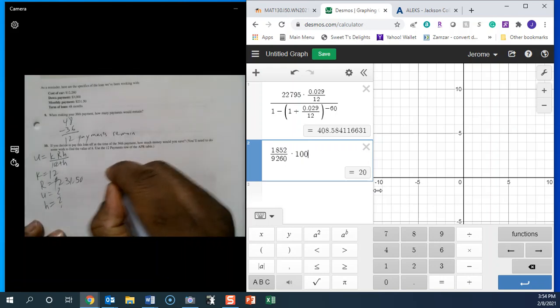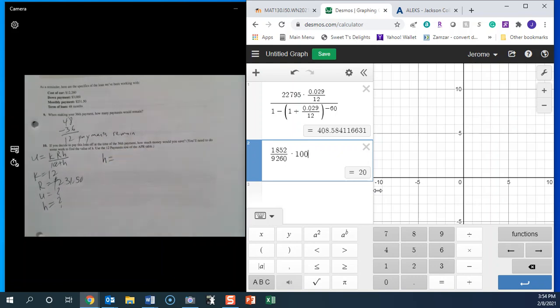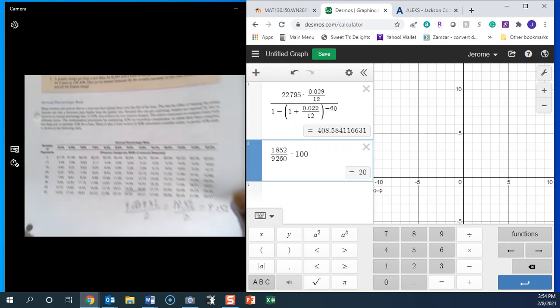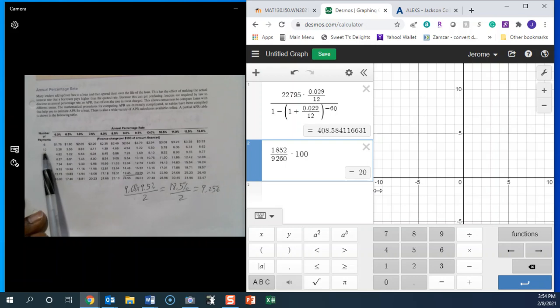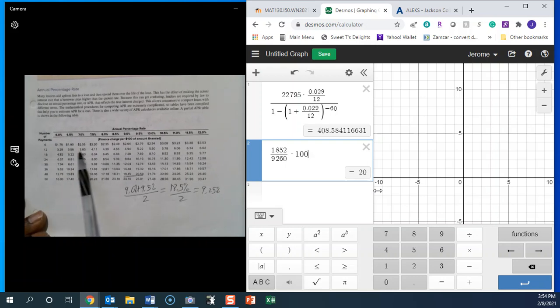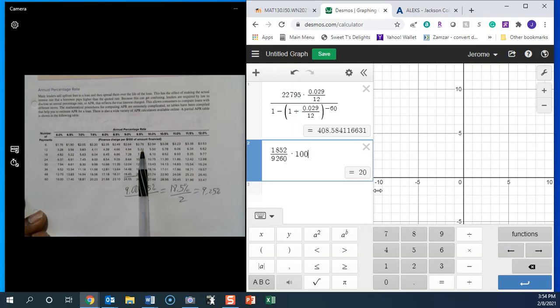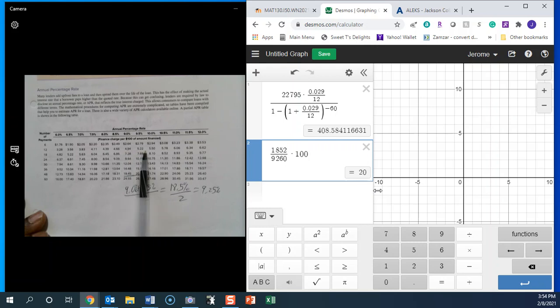So this is what we would need to do in order to get H. We go back to this table, and we will go up to the 12 months, and then we will go over here to the 9% and 9.5%, because remember, the payments were between these two values.